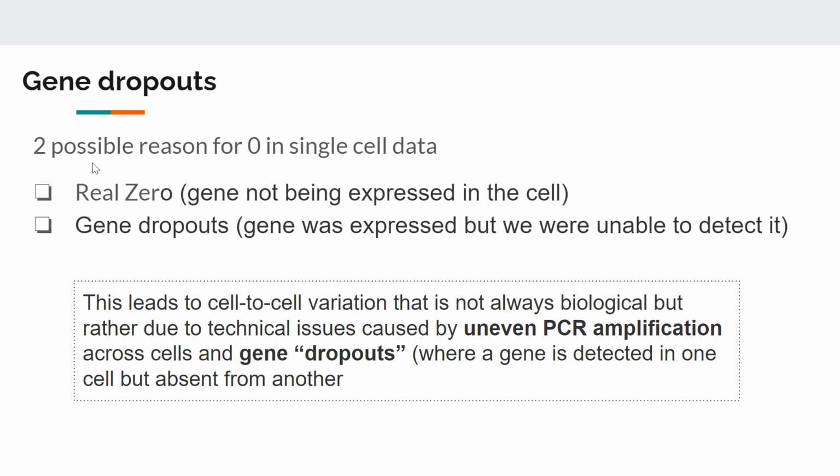In single cell data you cannot differentiate whether a zero is an actual zero or an artificial zero, the gene dropout. Ideally all the zeros should be real zeros, with no artificial zeros from gene dropout. That should be our objective.